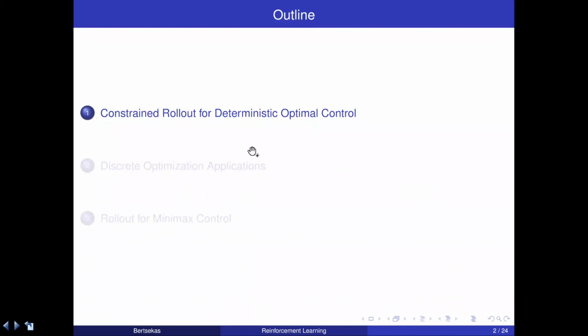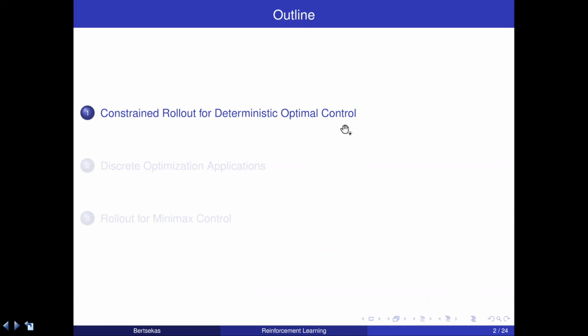So first, we're going to talk about constrained rollout algorithms. We're going to extend methods such as the use of a heuristic and the inversions that guarantee cost improvement, including fortified rollout.